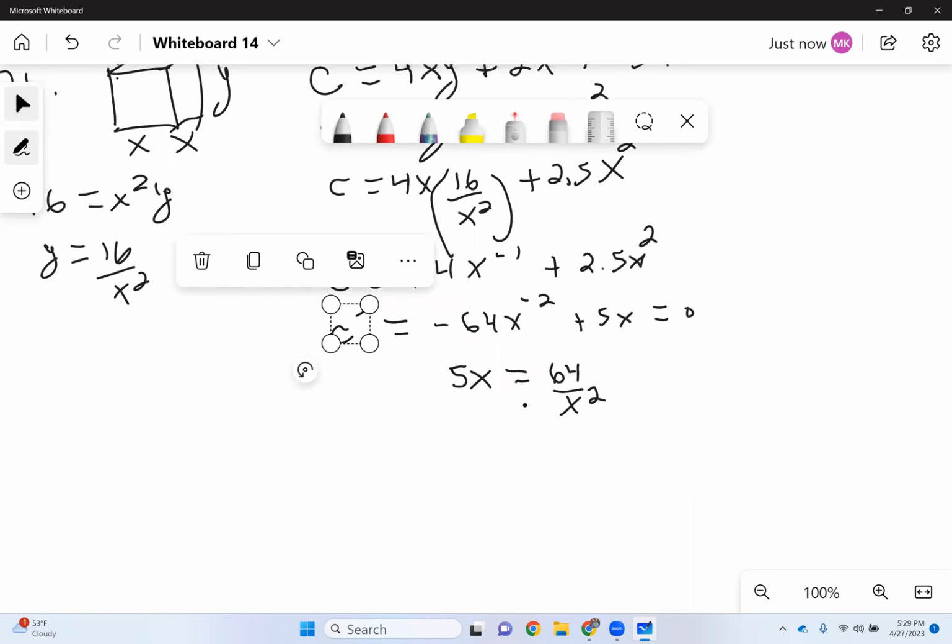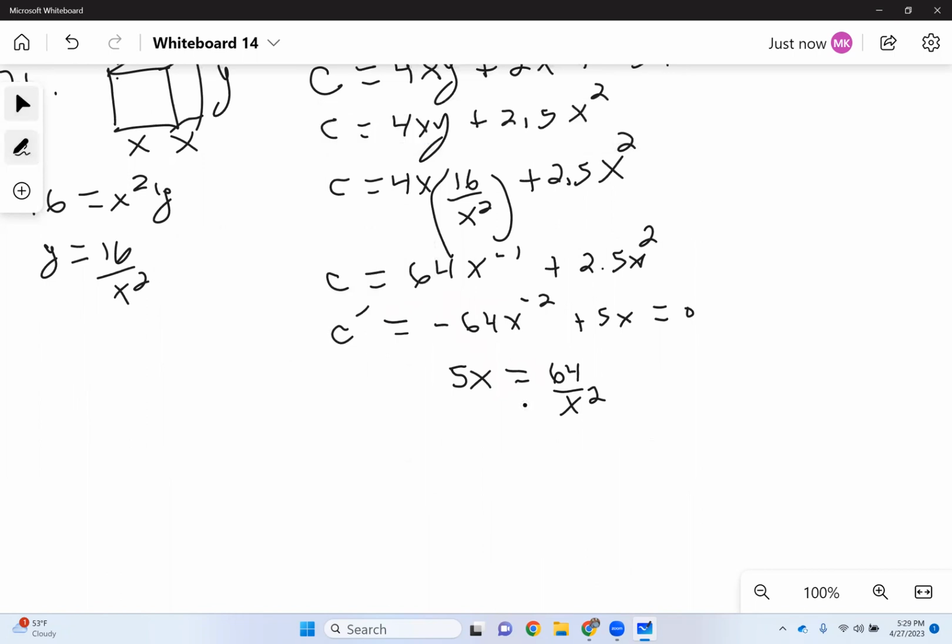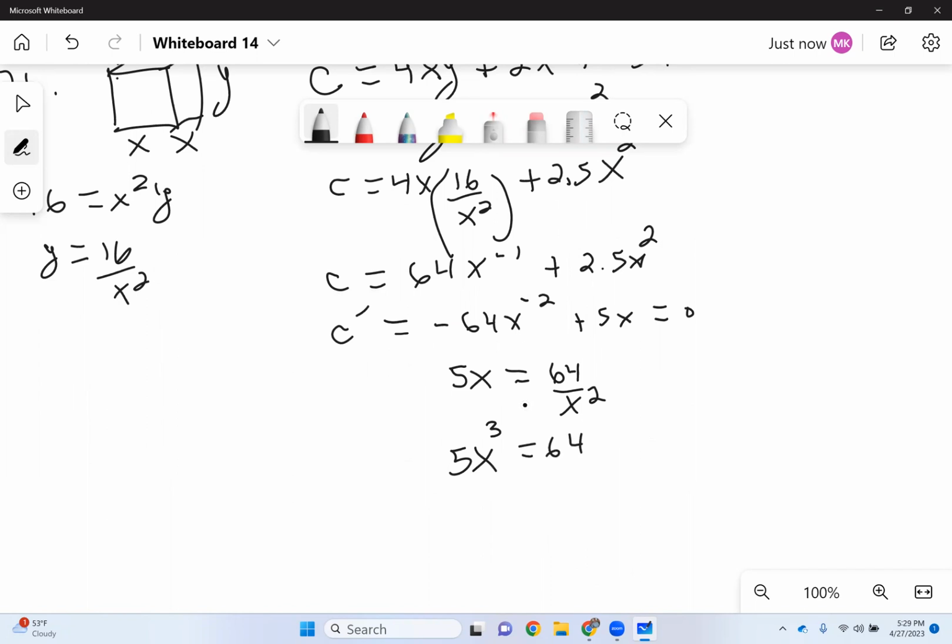All right, so we have 5x to the third equals 64. Divide both sides by 5. We have x cubed equals 64 over 5. Take the cube root of both sides. We have x equals the cube root of 64 over 5. Let's get a decimal for that.